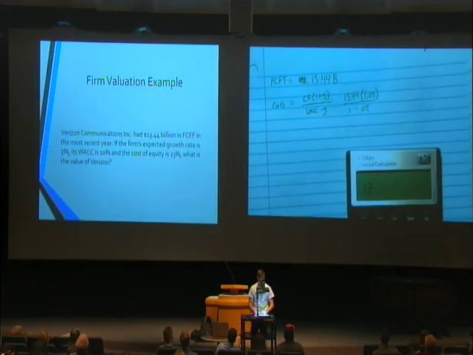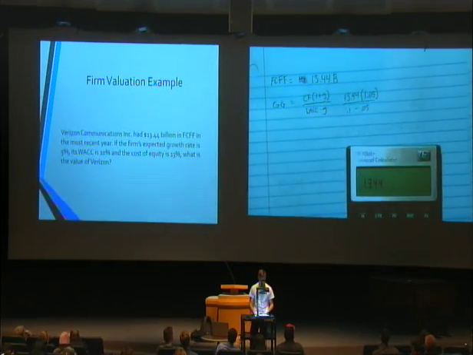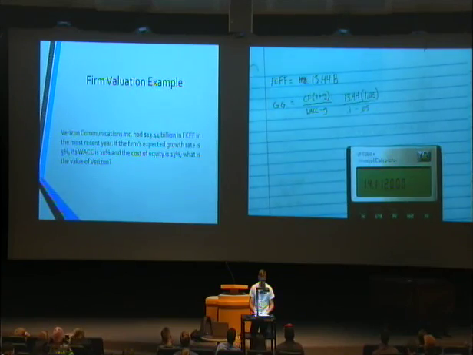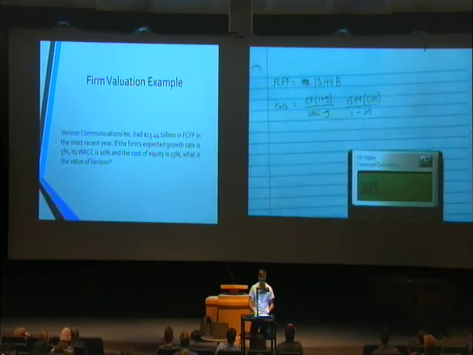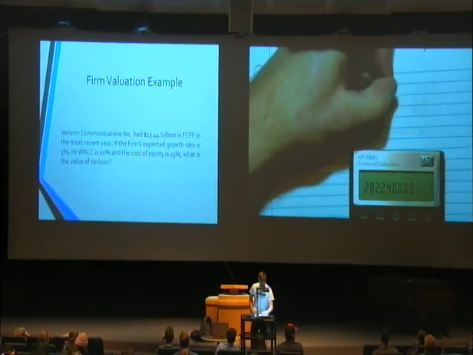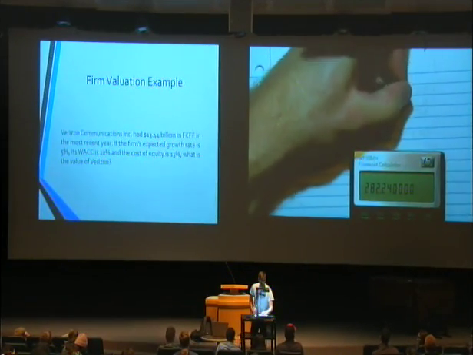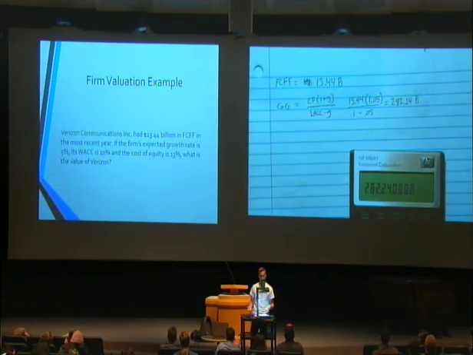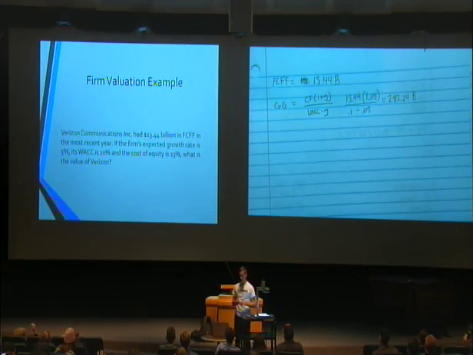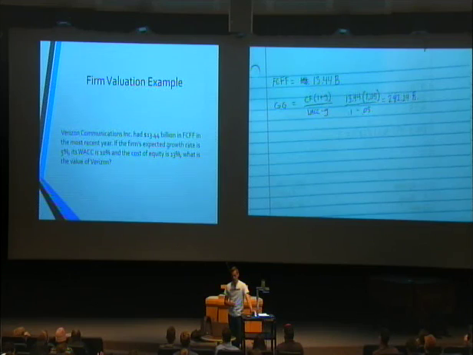So 13.44 times 1.05, divided by 0.05 equals 282.24 billion. I don't know what Verizon's actually worth right now, but that is a lot of money. It's almost the value of Johnson & Johnson. Okay, so that's basically how you do that one.